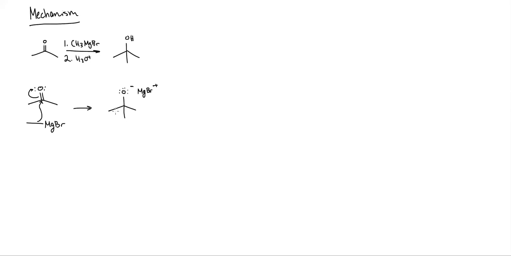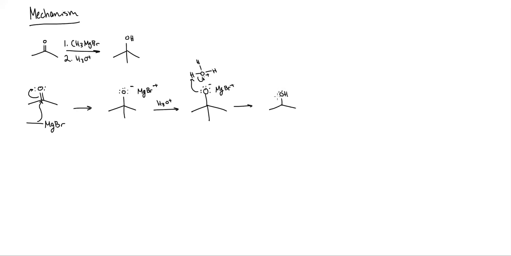So now what's going to happen is, as a second step, I throw in some acid. So if I have that as my intermediate, then I throw in some H3O plus. The acid is going to protonate the oxygen to an alcohol.